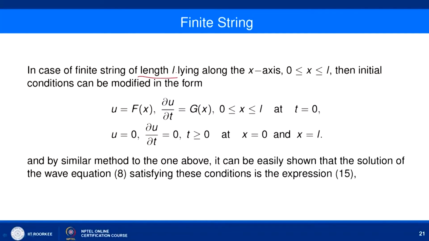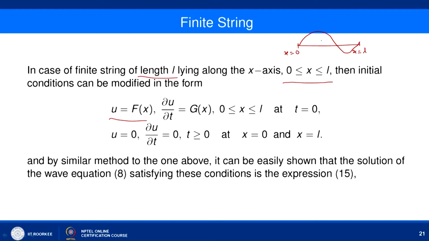So, in case of a finite string of length L lying along the x axis where x is between 0 to L, here your string is now clamped at two ends, say x equal to 0 and x equal to L. So, here now we want to see the vibration in this string. So, here suppose the initial condition is given as u = f(x). So, it means that the initial shape is something like this.